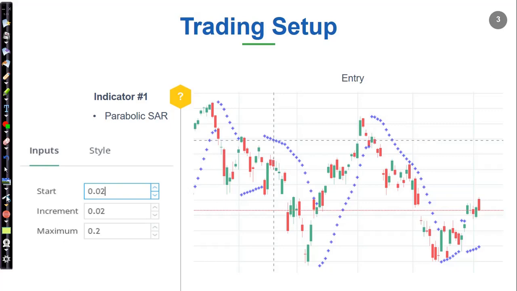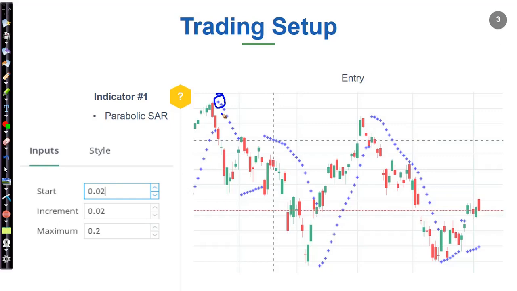So let me explain. Here we have seen the parabolic SAR appearing above this candle, which means I'm looking for a sell. If you are trading options, you just go for buy put.